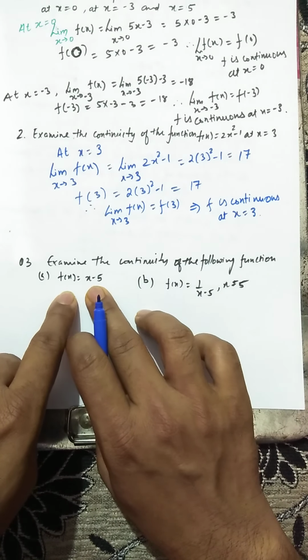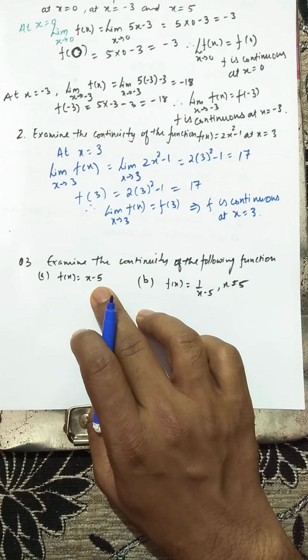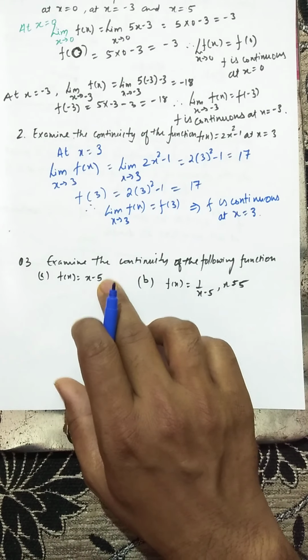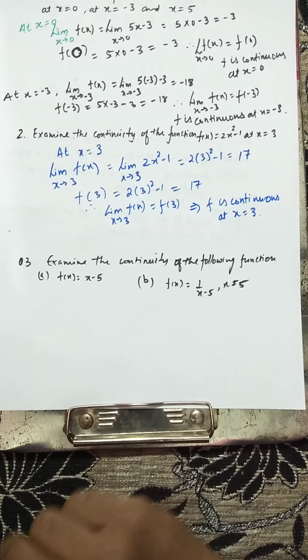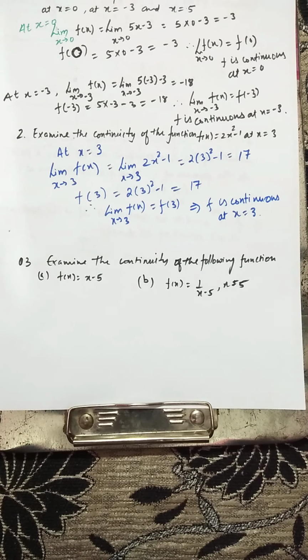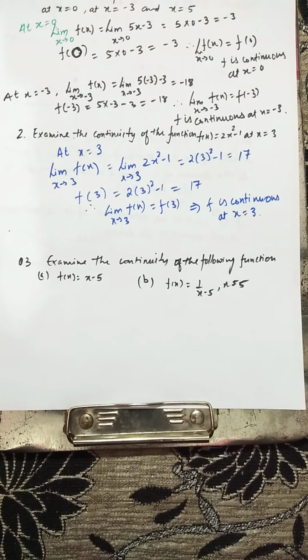You have done questions based on domain and range, so if I ask you to find the domain and range, the domain of this function will be the real numbers. So we are going to discuss this function in its domain. Now we come to definition number 2, which says a function is continuous if it is continuous at all points of its domain. So we are taking all points of its domain, but you see that there are an infinite number of points in its domain.